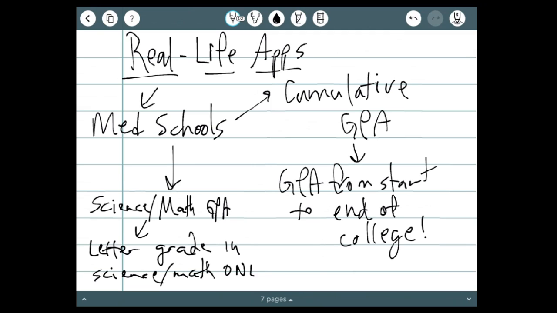And that's important because this is very, very selective. You can only use any science classes and any math classes you took to add into your GPA. This is something that I was able to calculate on my own because I knew how to do GPA stuff. I mean, you can always plug it into a calculator online, but knowing how to do this on your own is a really big tool and really valuable.